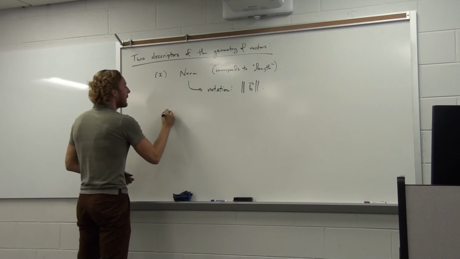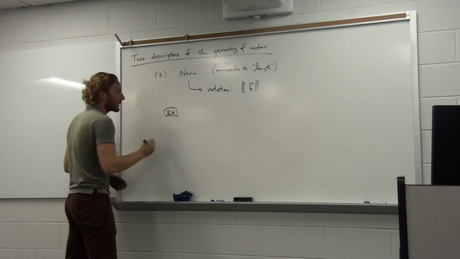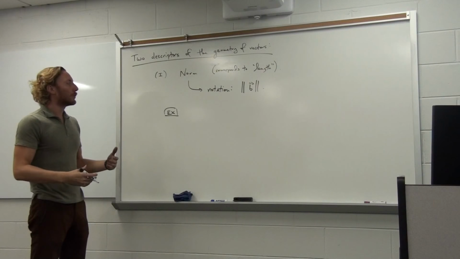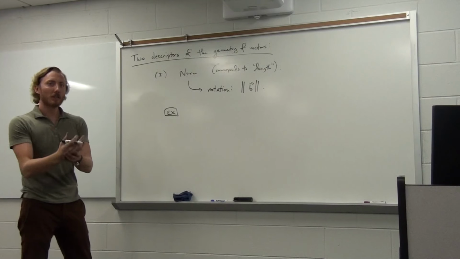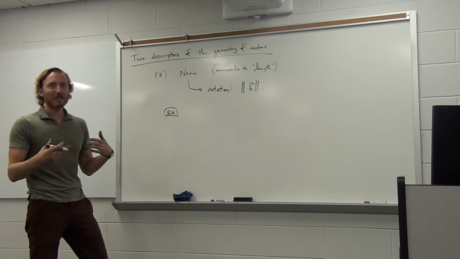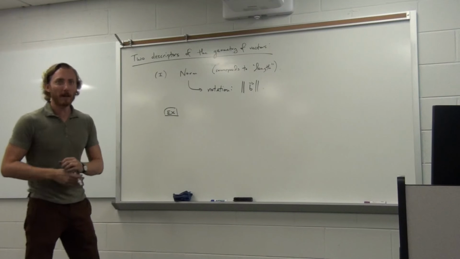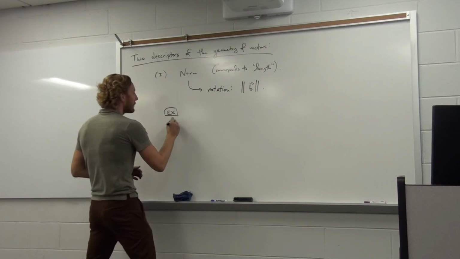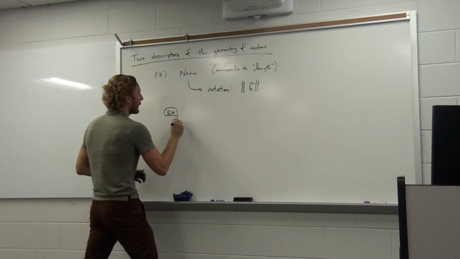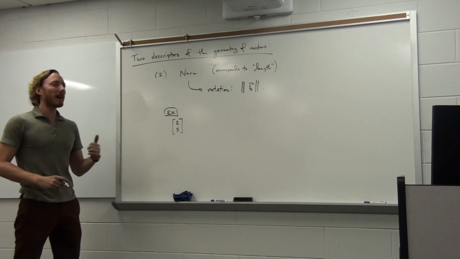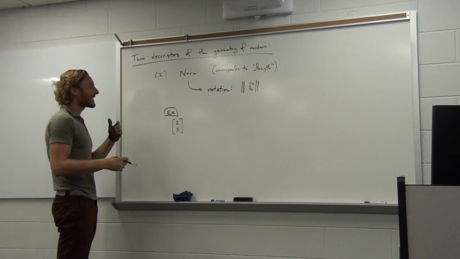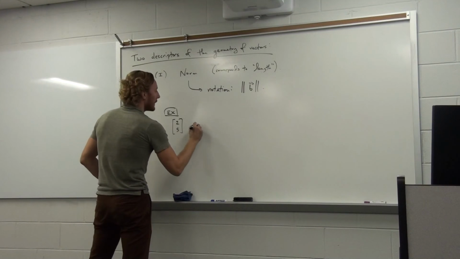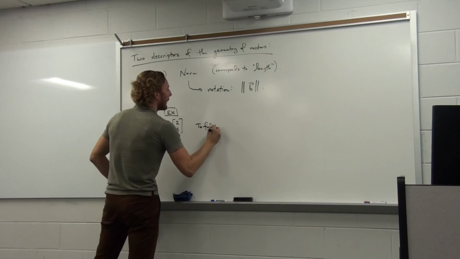So let's develop a notion of norm using the 2- and 3-dimensional cases to see norm in action, to see length in action, to see how we can generalize norm to n dimensions. So let's do an example like (2, 5). Let's take this vector (2, 5), and what we want to find out is the length of this vector.